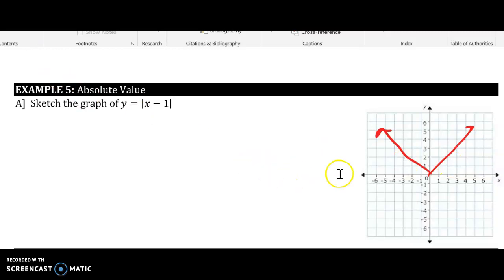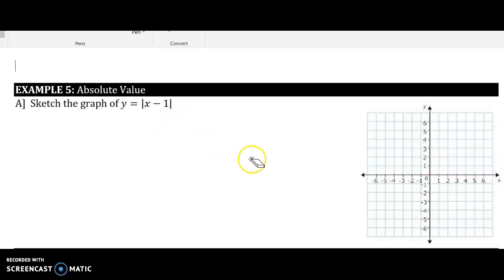However, I need to know that it's shifted. You've got this -1 here. It shifts it to the right one. So my vertex is here, and it goes like a V. So it goes through 1, goes through points like that.